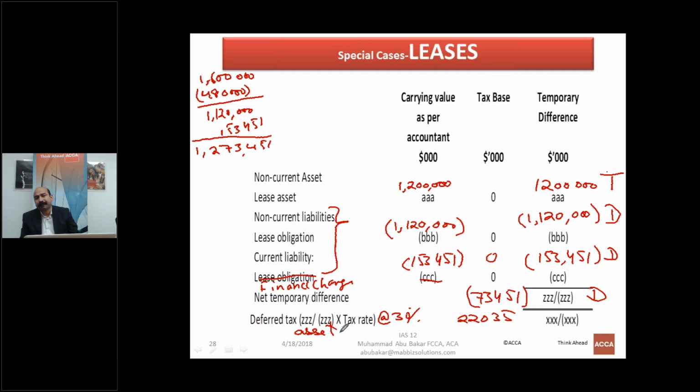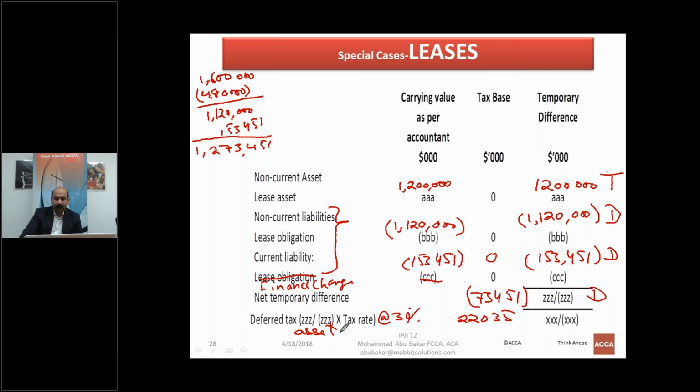Simply remember that in most of the countries, the tax base of these lease assets and liabilities and related finance charge will be 0. So straight away, this will give you the difference. So see what is the net effect. Is it a taxable temporary difference? Is it a deductible temporary difference? Then apply the tax rate to calculate your deferred tax liability or deferred tax asset.